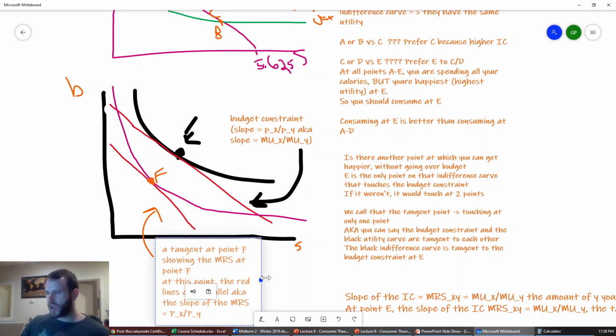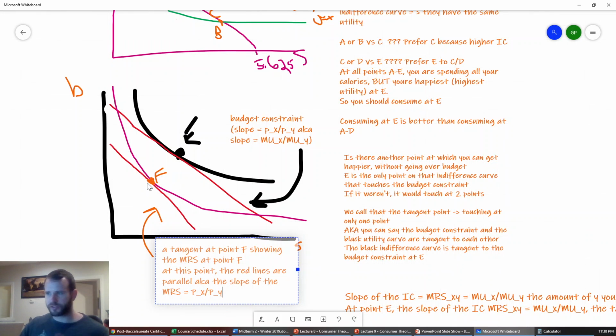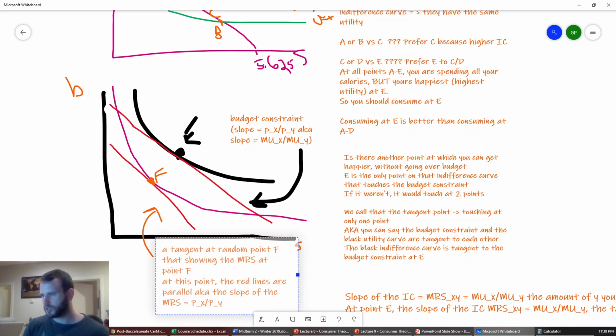So this is just a random point on a random indifference curve, say a random point F and a random indifference curve that happens to have the same slope. So tangent at random point F showing the MRS at point F.